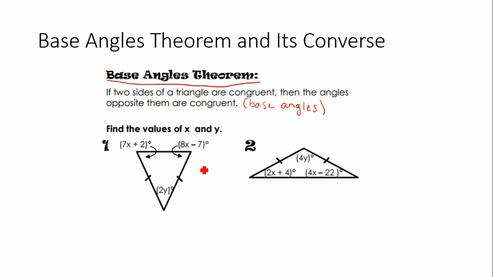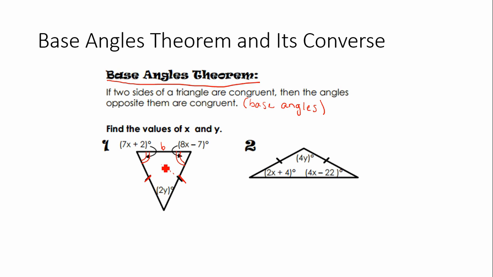So now let's look at a couple examples here. So if this is the triangle we're dealing with in number 1, I can see the two congruent marks here. Those are the legs. That means the third side up on top in this case happens to be the base. This side is the base. Now with that in mind, these angles adjacent to the base here are called the base angles.